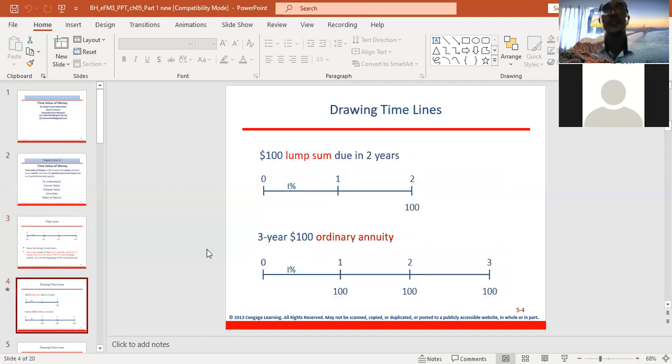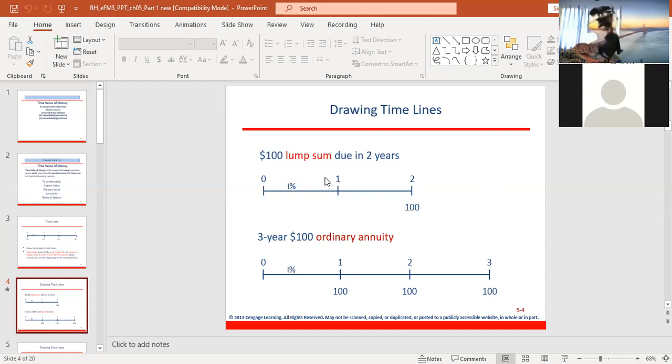Now, there are different types of timelines. If you look at these two, you will see that they are different. What's the difference? In the first one, for the lump sum, you can see that the 100 appears at the end of the second year. But in the second one, we have an equal amount of cash flow in time 1, time 2, and time 3.